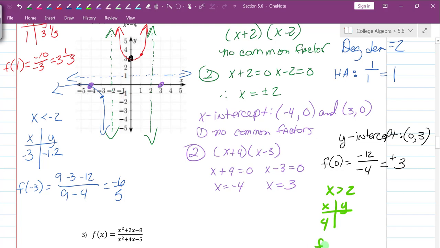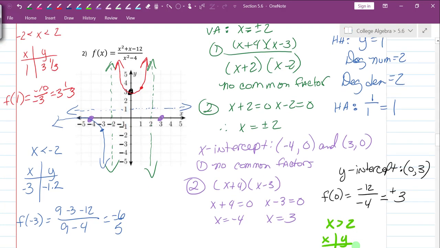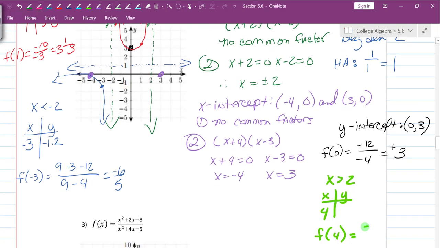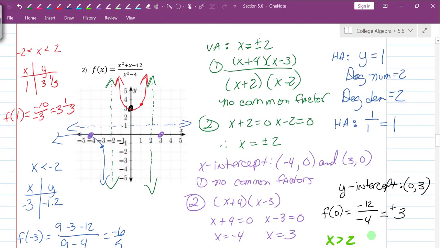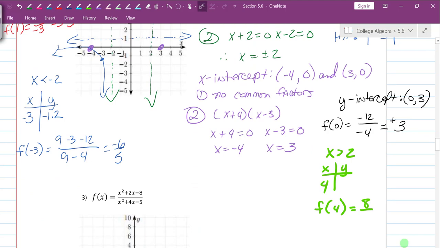So f of 4 is equal to, so 4 squared is 16. 16 plus 4 is 20. And then 20 minus 12 is going to give me 8. So it's going to be 8 divided by, again, 4 squared is 16. 16 minus 4 is 12.